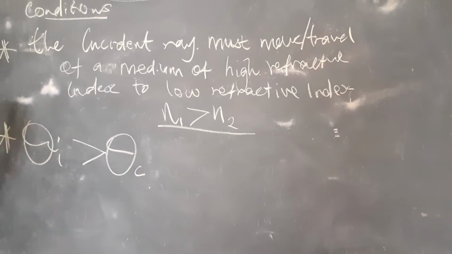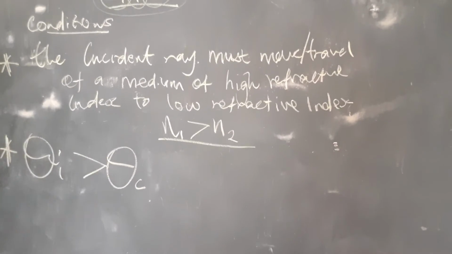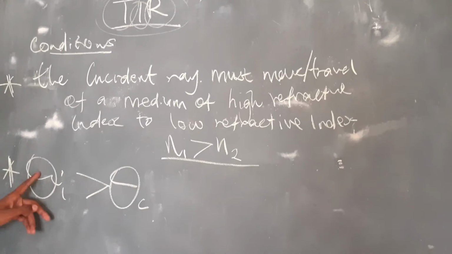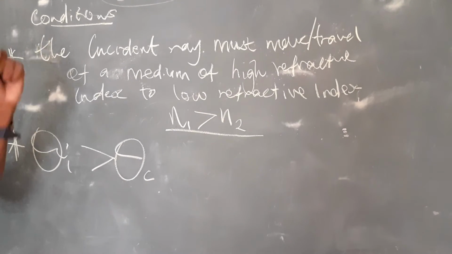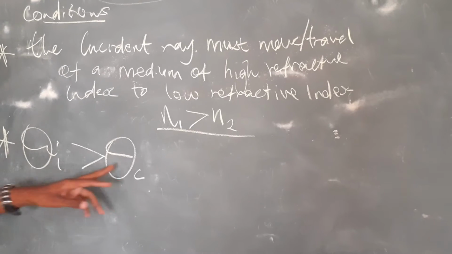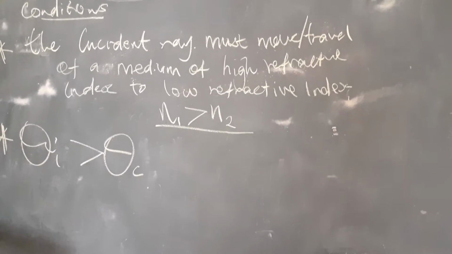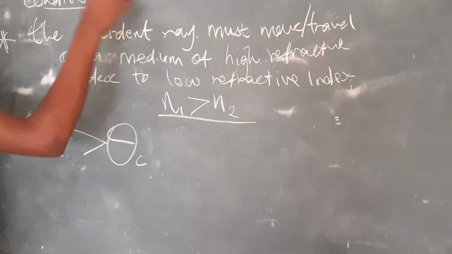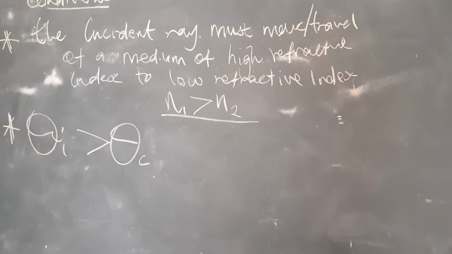If your critical angle is found to be 41.25, it means that in order for total internal reflection to occur, the incident angle must be 42 and above, greater than the critical angle. So these are the conditions of total internal reflection.